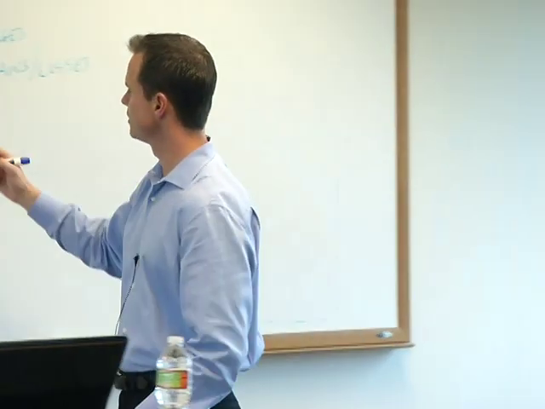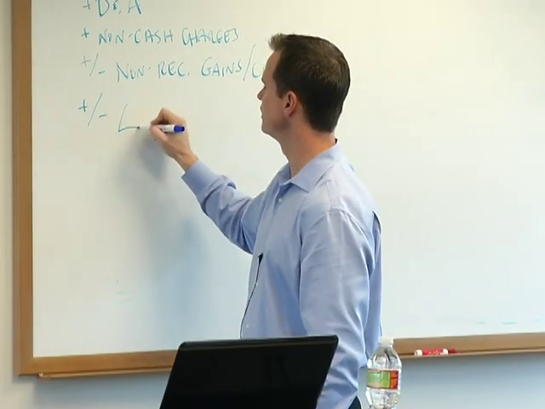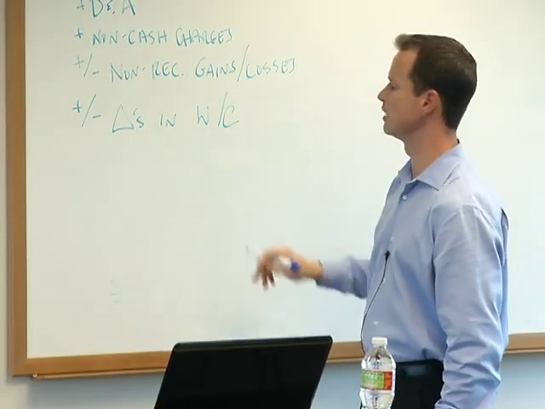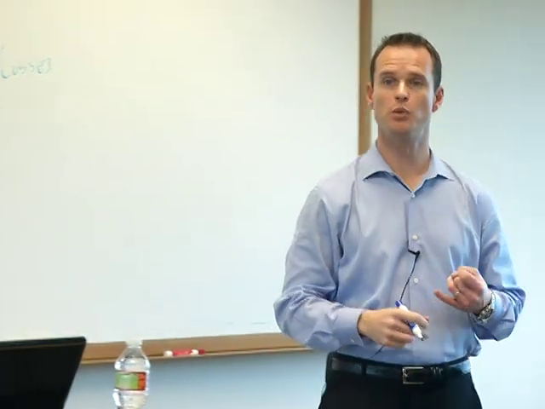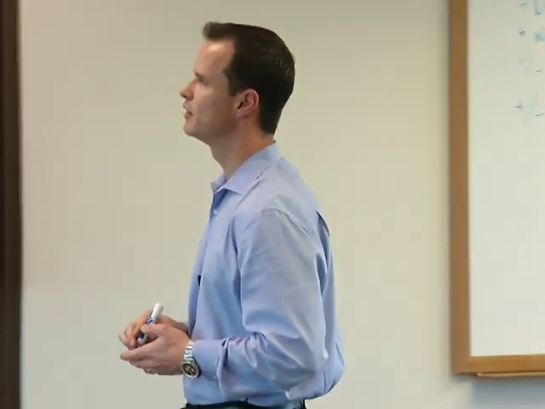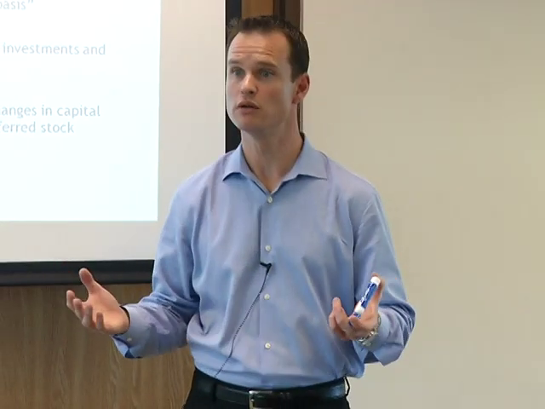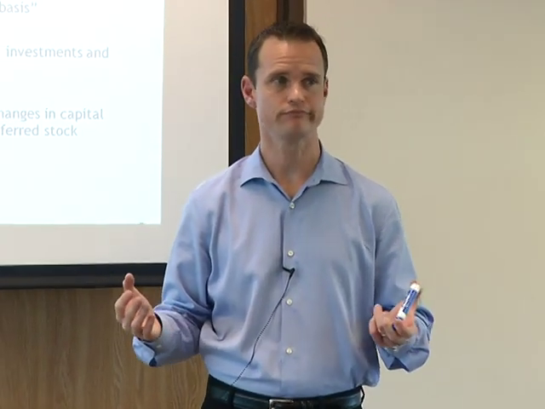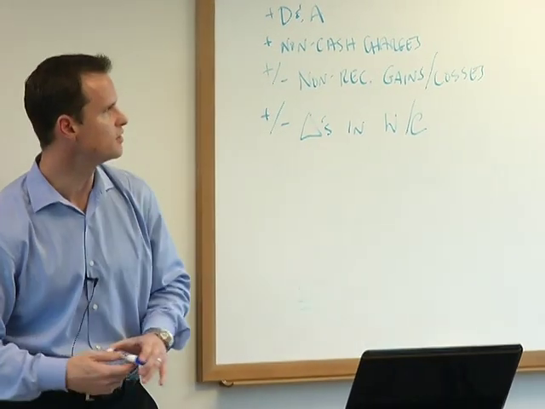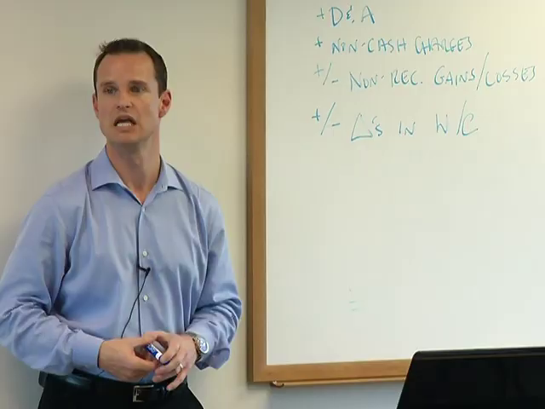You'll typically then see plus or minus something called changes in working capital accounts: changes in receivables, changes in inventory, etc. during the year. Anybody ever hear the term that a company can grow broke? Usually we're speaking from a working capital perspective.